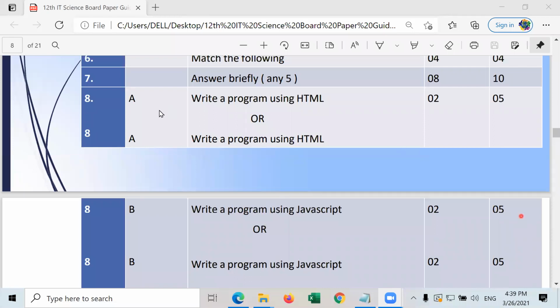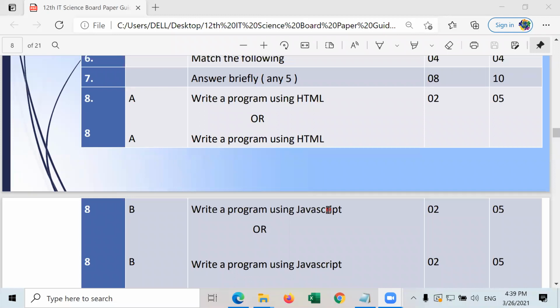So remember, students, you do not have to study PHP programs for your IT online exam. You have to study HTML and JavaScript programs for your IT online 80 marks exam. But for your IT practical exam, you have to study all HTML, JavaScript, and PHP programs. For your 80 marks online exam, it is sufficient to study HTML and JavaScript programs.